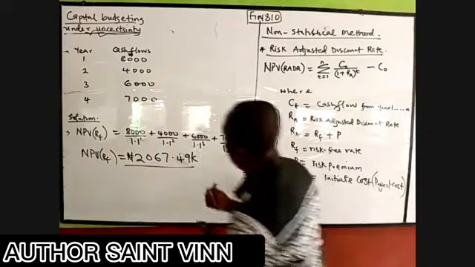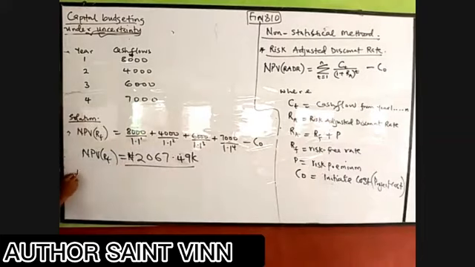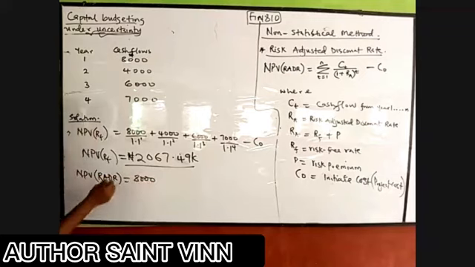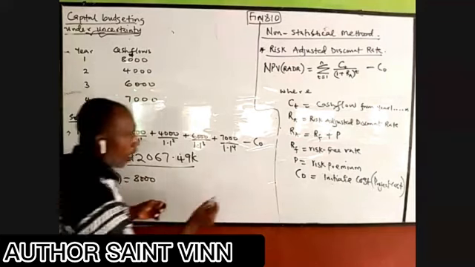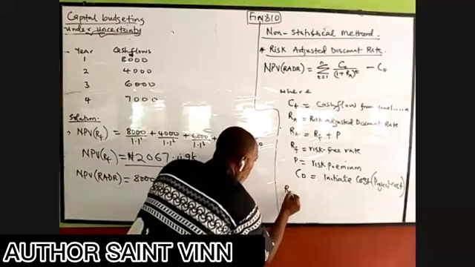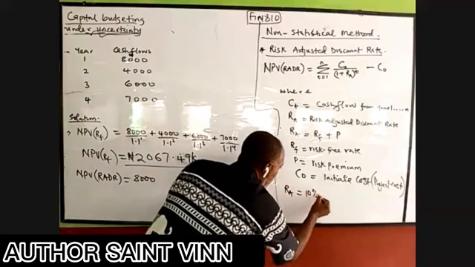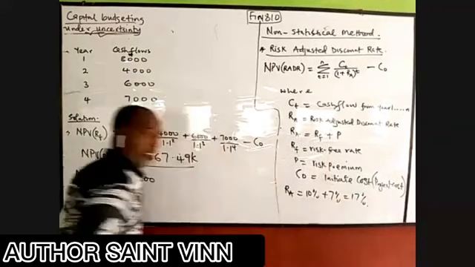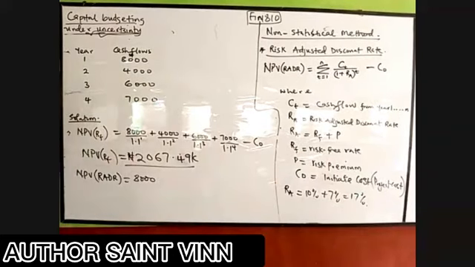Then the second one is just the same thing. You just press your calculator. This is 8,000 over 1.17. 10% plus 7% is 17%.